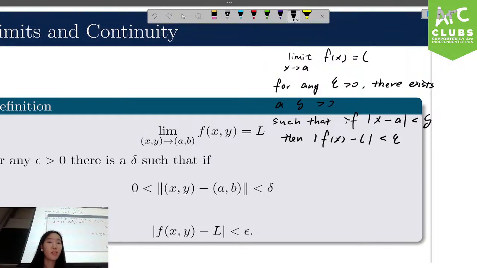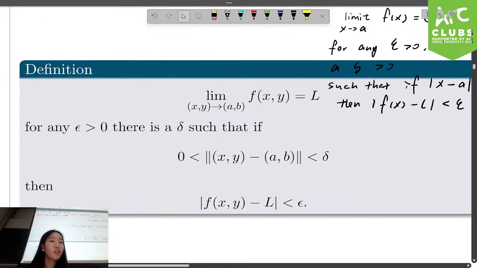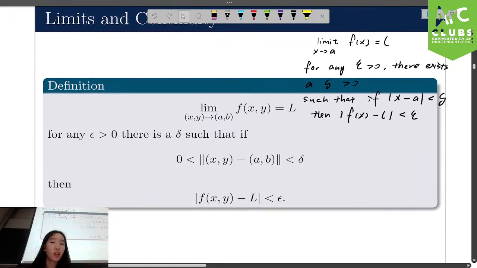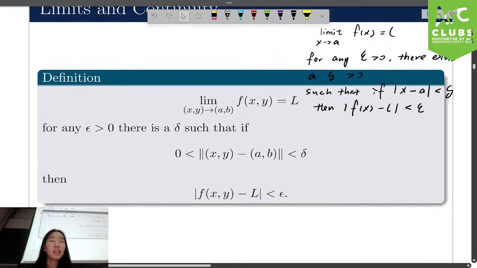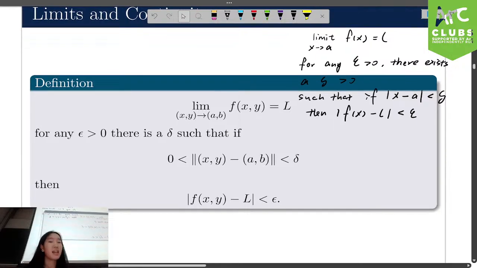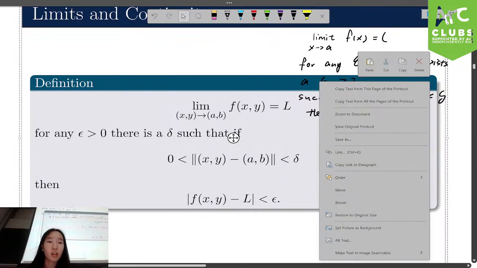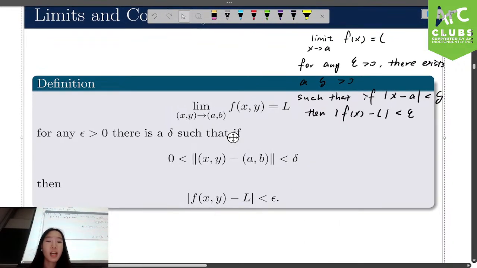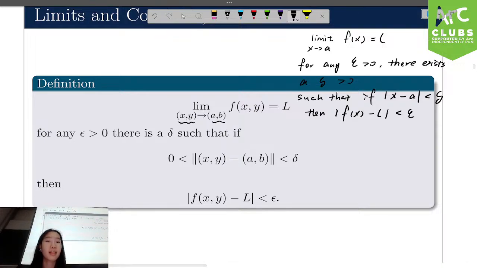It's for single variable. In this term, we're going to extend from single variable to multivariable. So in this case, we have (x, y) approaching (a, b), and f(x, y) approaching L. So this is basically the same. It's just an extension of what we have learned in first year. You can see we just change x to (x, y), and we change a to (a, b).